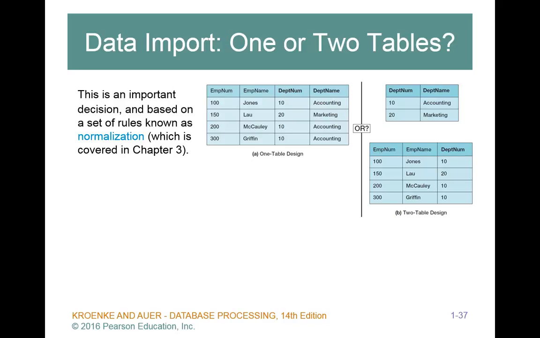Database design using normalization will decide how we want to store our data. So this is important: do we want to put all of our data in one table, or do we want to break our tables down into more logical constructions, or more normalized tables, so to speak? We'll discuss this more in detail in chapter 3.